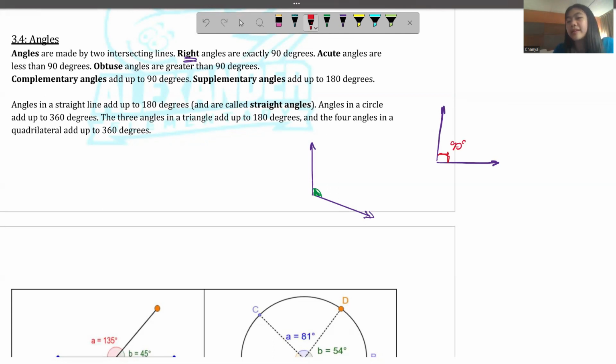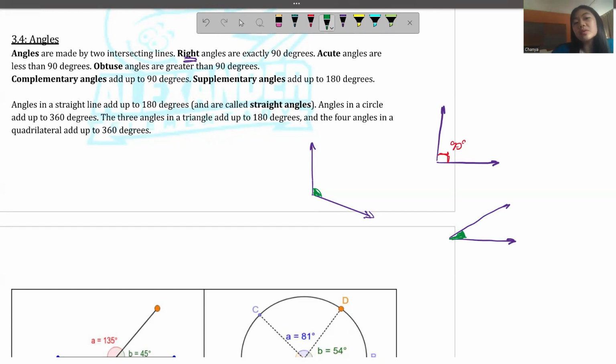In other words, it's 90 degrees. If you have an acute angle, that's an angle that's less than 90 degrees. So that would look something like this. If you had two lines that were here, and this was the angle between them, that would be an acute angle.